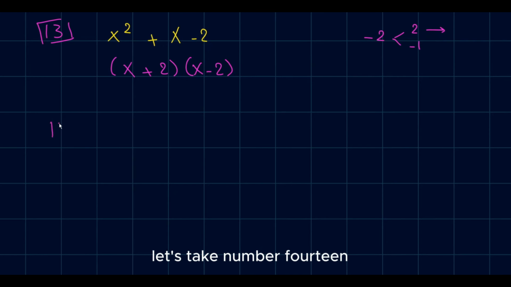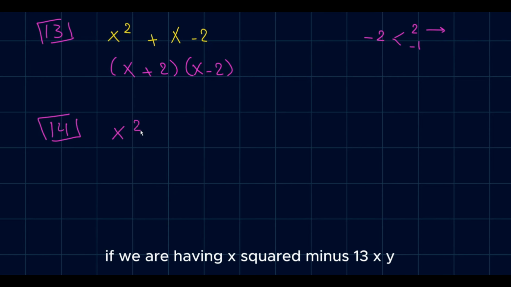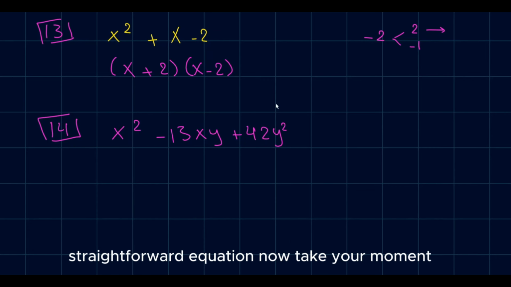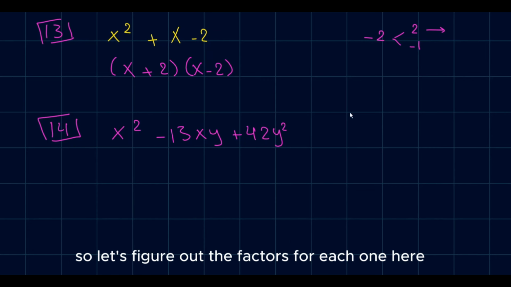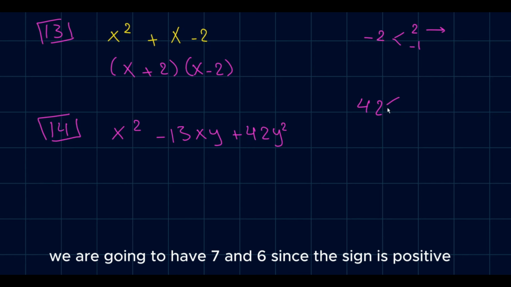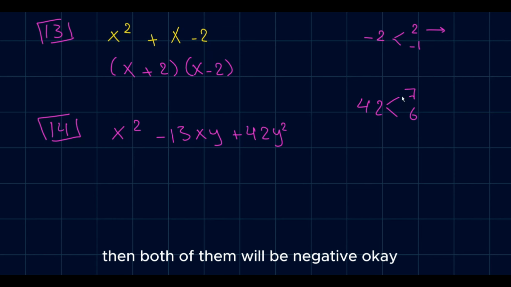Let's take number 14. We have x squared minus 13xy plus 42y squared. This is a very straightforward question. Take a moment, and let's figure out the factors for each one here. For 42, we are going to have 7 and 6. Since the sign is positive, both of them will be negative.